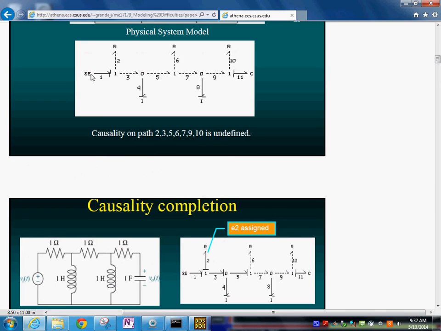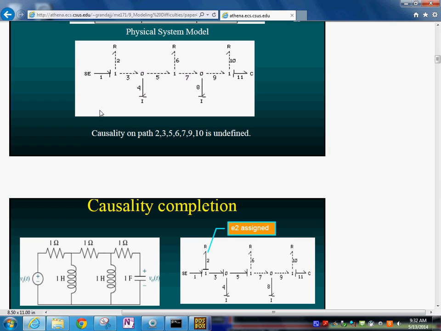We start with a system like this, right? Think about what would happen if you assign the causality here. By default the graph does not lend itself for that, but rather another element can take either one of the two causal forms.